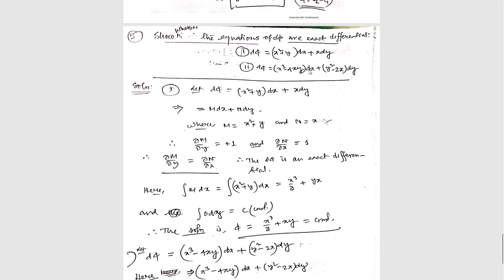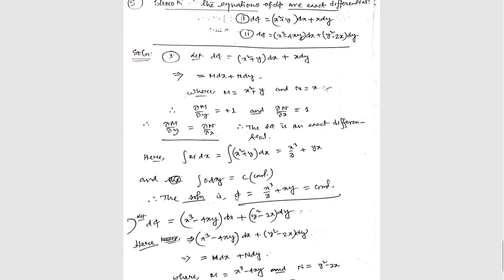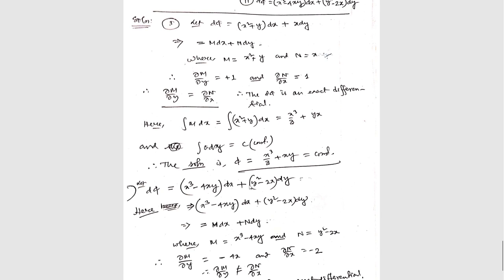This has the form M dx plus N dy, where M is equal to x square y and N is equal to x. So del M by del y, you can easily calculate, is 1, and del N by del x is equal to 1. Since these two values are equal, d phi is an exact differential equation, and you can solve it by the usual method shown here.